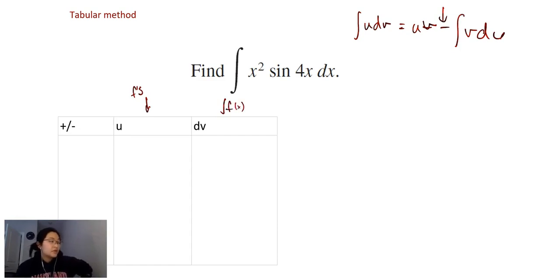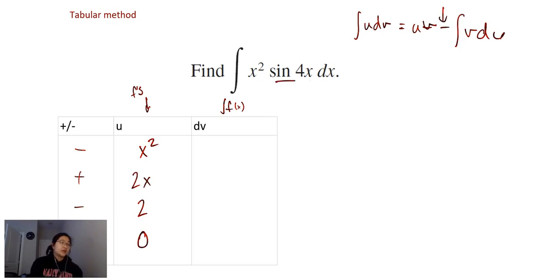Okay, so to start off we have a plus, no, you start with a minus, and then we do a plus, and then we do a minus. Actually, this part doesn't super matter because it depends on how you draw your arrow, but it's fine. And then for u, our first one is going to be x squared, so the derivative of that is 2x, and the derivative of that is 2, and then the derivative of that is 0, and after you multiply by 0, there's nothing else to do, so you can stop after 0.